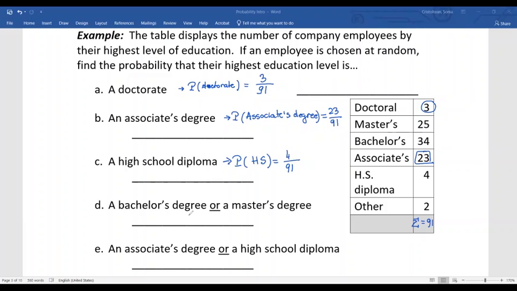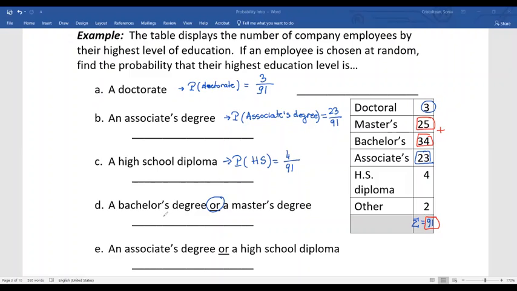What about a bachelor or a master degree? Well, there is something new here. So let's see what we should do. Because we have a bachelor right here and we have the master's degree right here, I hope it makes sense that we will add these two and then divide by the total number, which is 91.